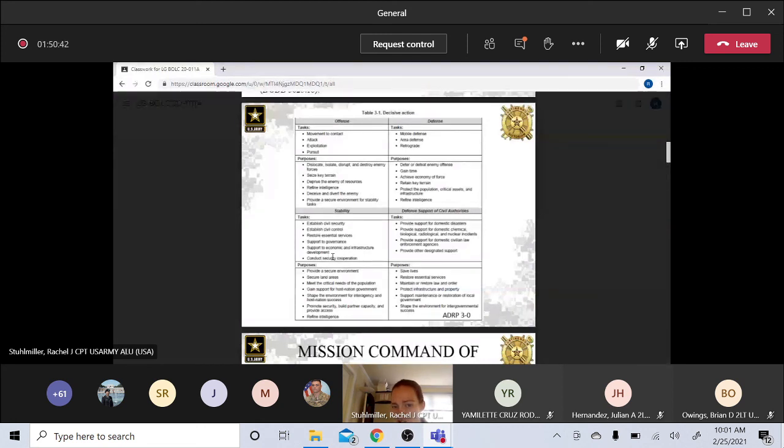Yes, you're restoring essential services, but there's support to governance and you're conducting security cooperation. We're highlighting that we're working with other partners to do all of this in these OCONUS locations.